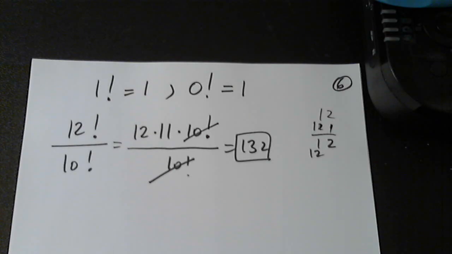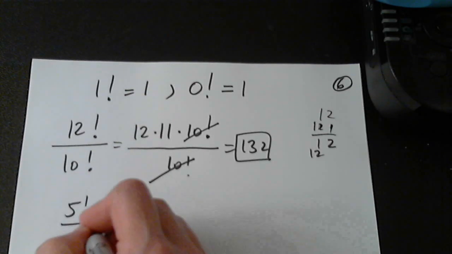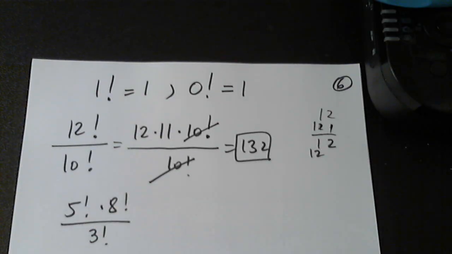What does it do? 9 times 8 times 7 times 6 times 5 times 1. What do we need this for? You'll see in a minute. So let's also simplify 5 factorial times 8 factorial over 3 factorial. We need factorials for the binomial theorem.